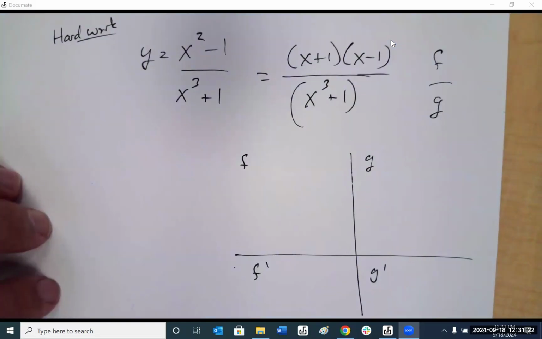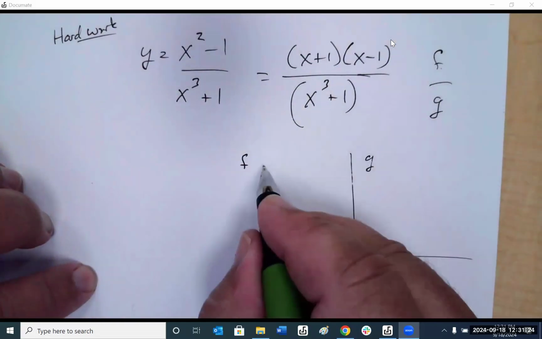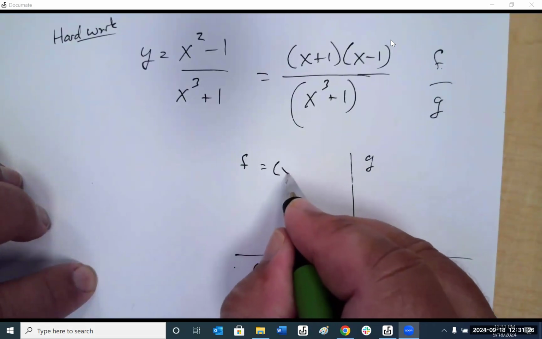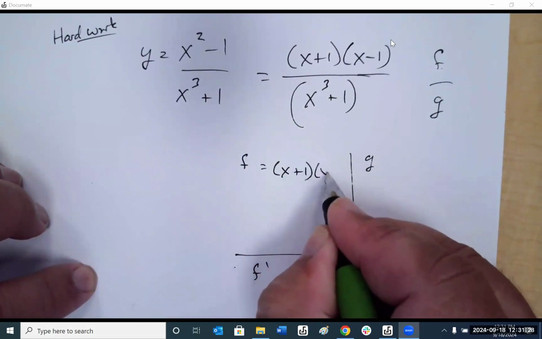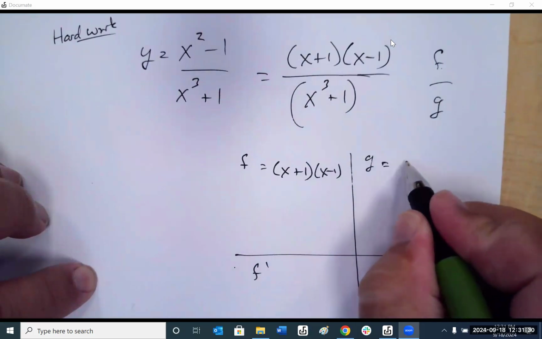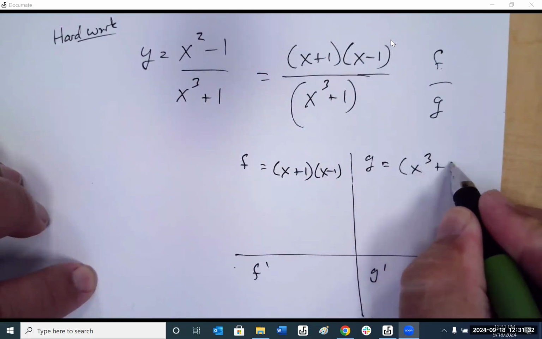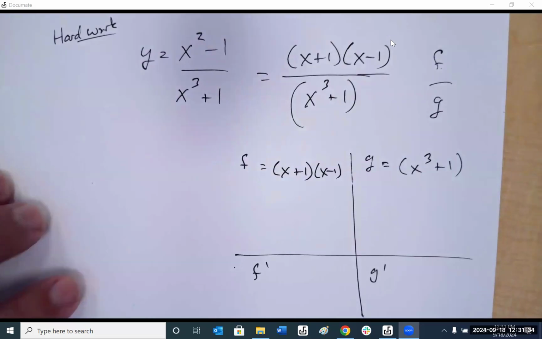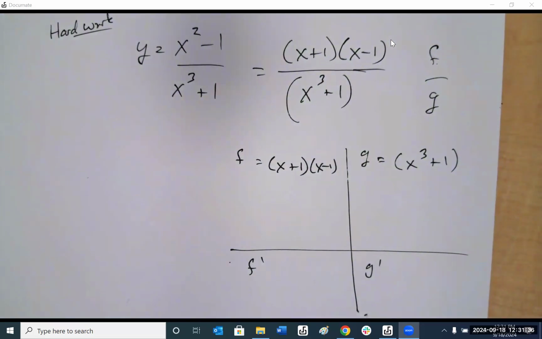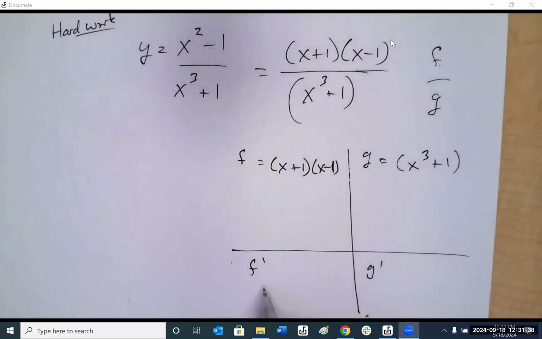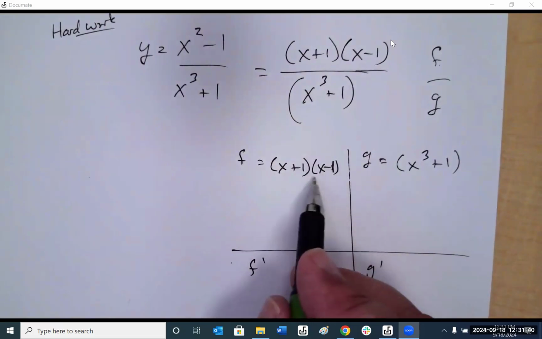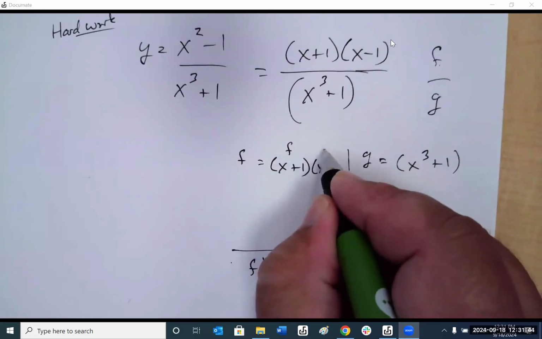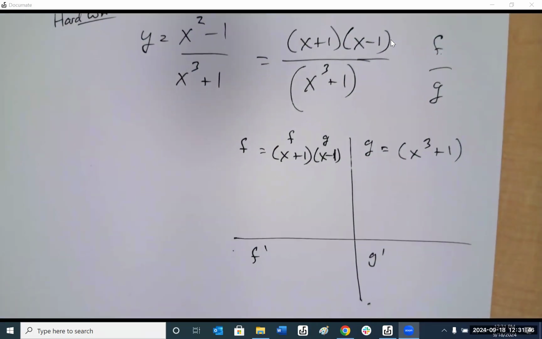We have the f prime, g prime. So f is x plus one, x minus one. g is x cubed plus one. The derivative, we now have to do the product rule here. So this is f and this is g.